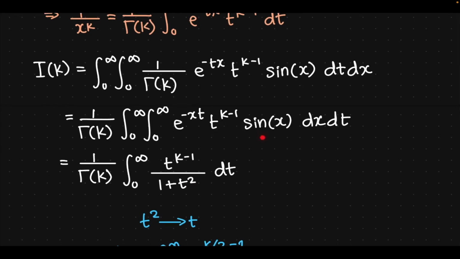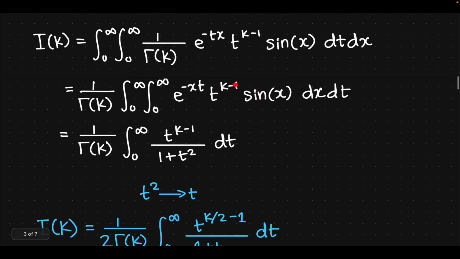You can prove that by expanding the sine as an exponential, e to the ix minus e to the minus ix over 2i, and then individually doing those integrals and then simplifying it out. Or you can just look it up in a table of Laplace transforms to get that sine x goes to 1 over 1 plus t squared.